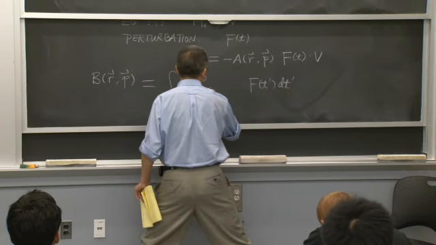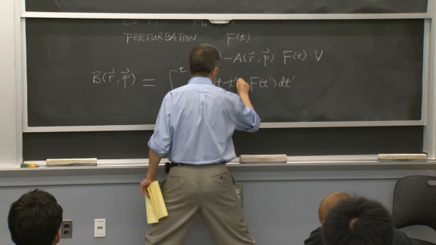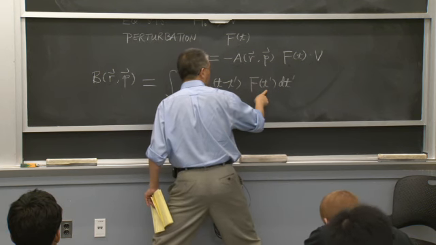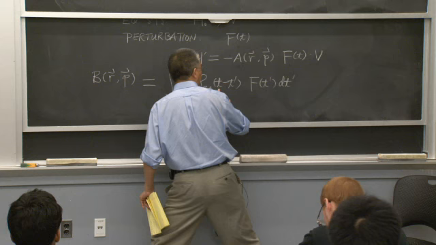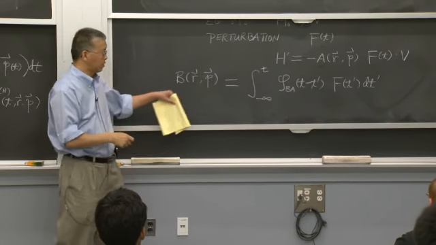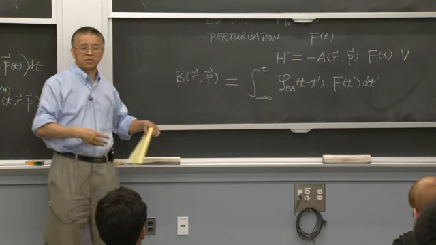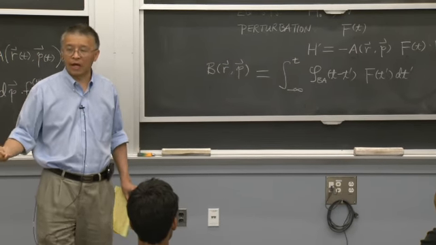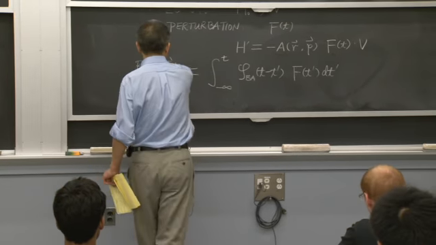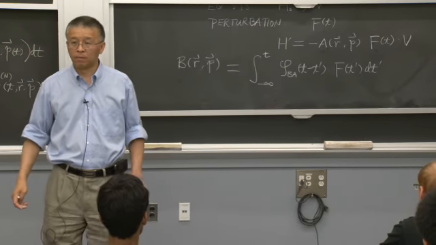So B, A, and this is t prime. I'm looking at the time t, so t minus t prime. So this is the instant that is acted. And after some time, what's my system response? What's this response, this quantity is responding, right? The only assumption I have here is a linear small disturbance, so that this response is proportional to the first power of my force.